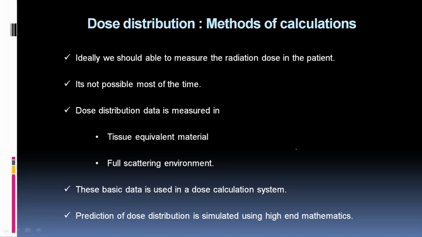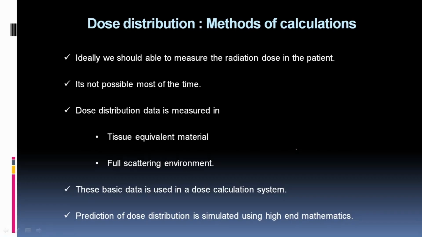Now, prediction of dose distribution is simulated using high-end mathematics. Using these basic data, we use various kinds of models, algorithms and calculation computers. They predict the dose distribution using the measured data which we have produced during our measurement process.